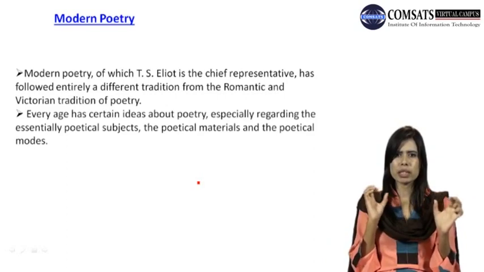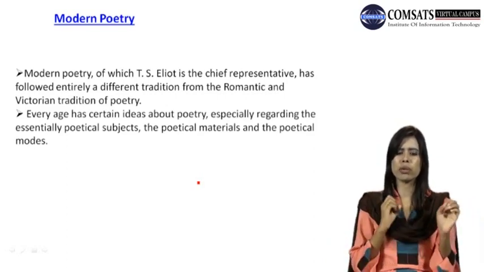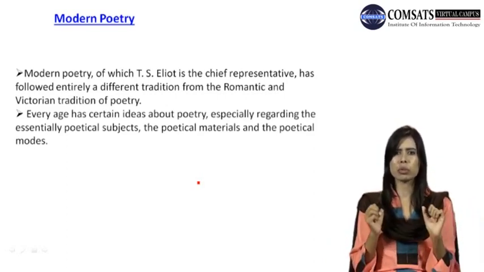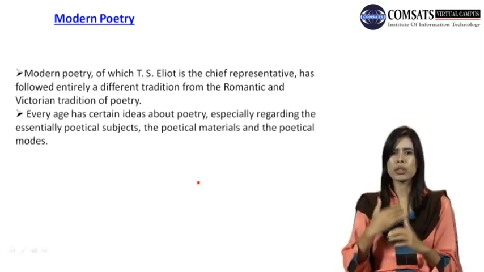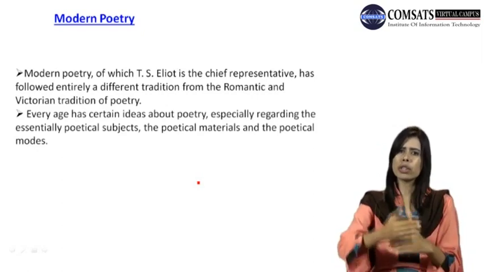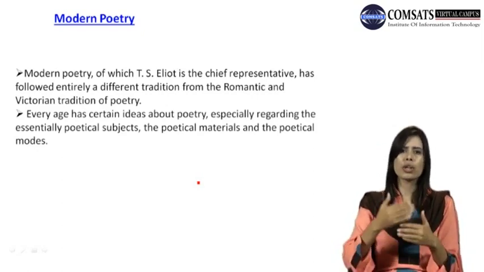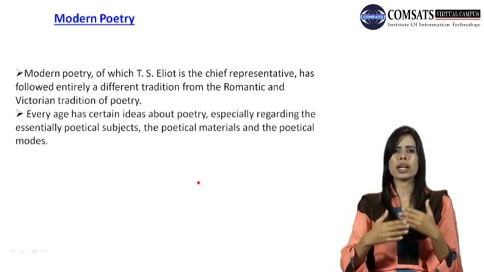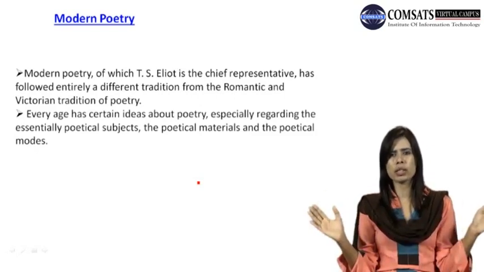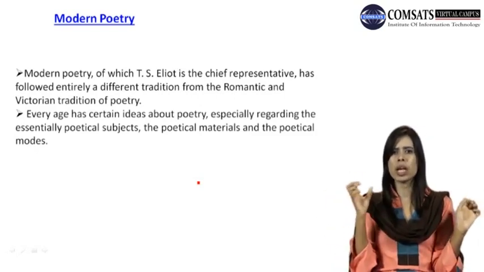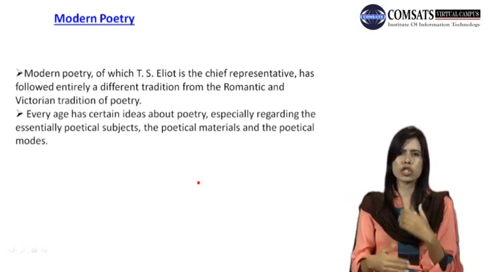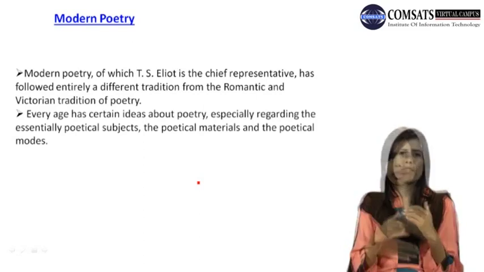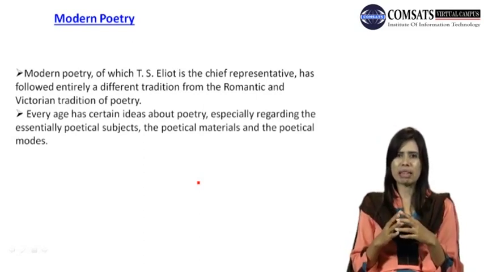That is basically about new poetical subjects, new poetical materials and poetical moods as well. Here you can see a shift from the Victorian age to the modern age, how they rejected the concepts of the Victorian poets and introduced a new tradition in the history of English literature.